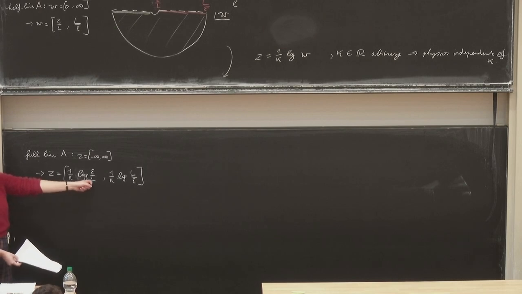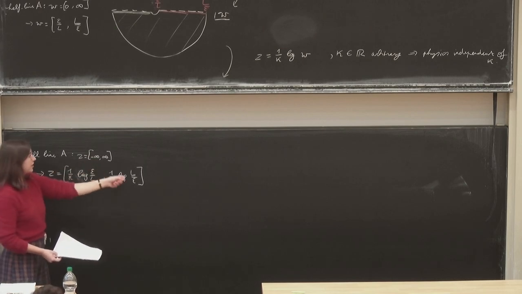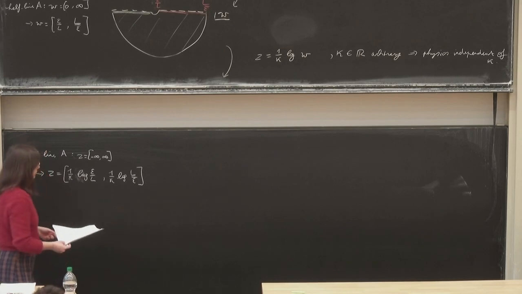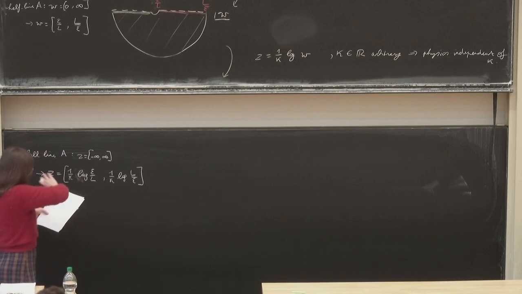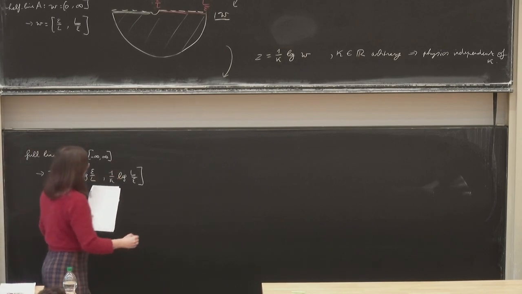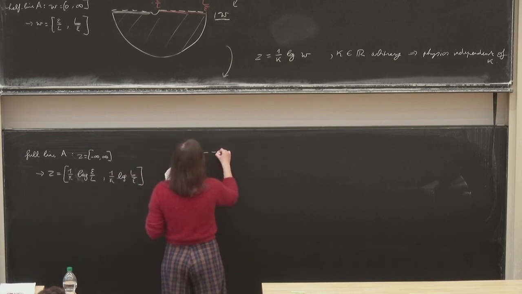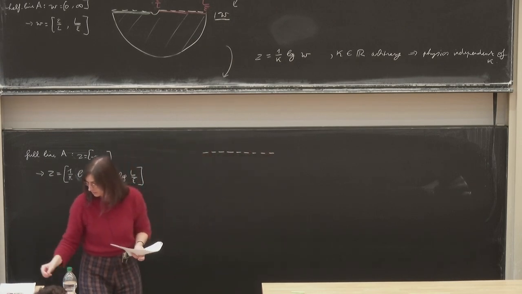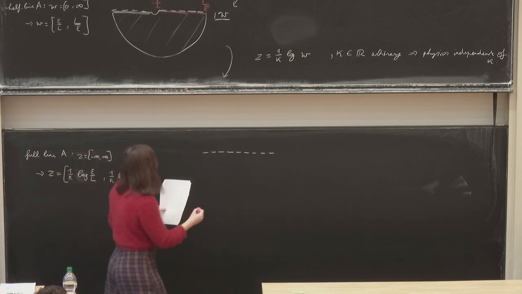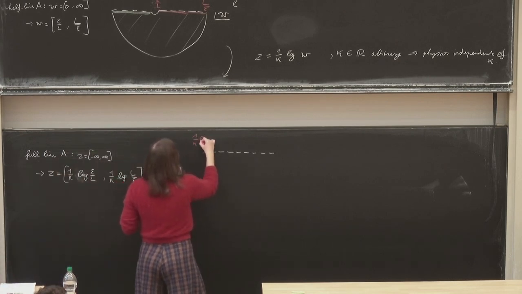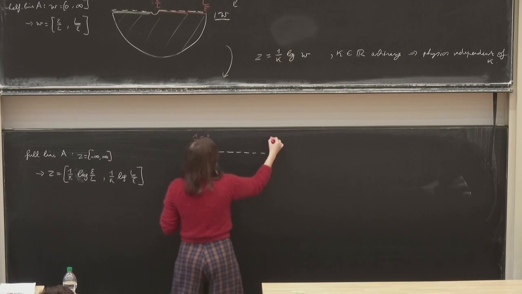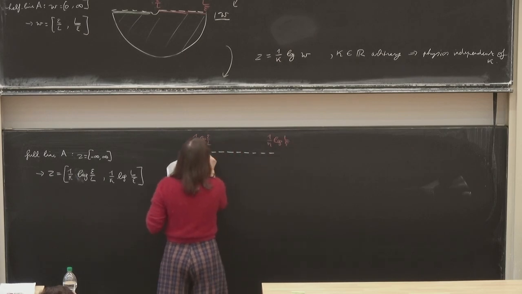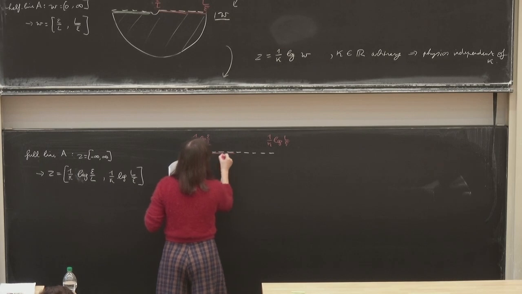Which maps to minus infinity and infinity in the limit of the UV cutoff going to 0. So we have a full line. I can already draw the full line from 1 over kappa log epsilon over L to 1 over kappa log L over epsilon, which is now my region A.